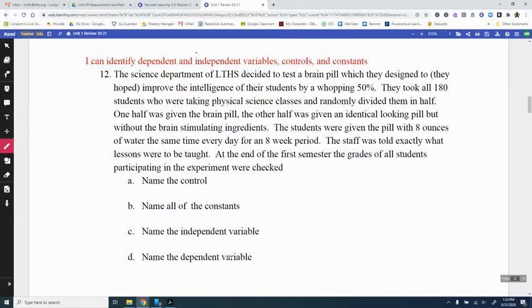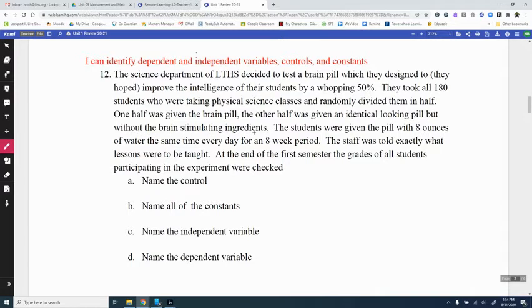All right, so we are going to name all the different parts of this experiment. So one group at LTHS was given the brain pill. One group was given an identical looking pill, but without the brain stimulating ingredients.